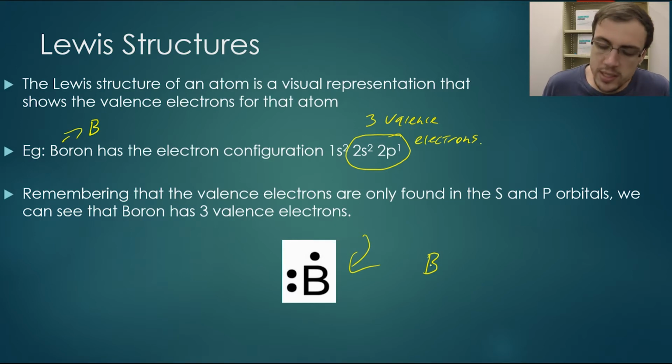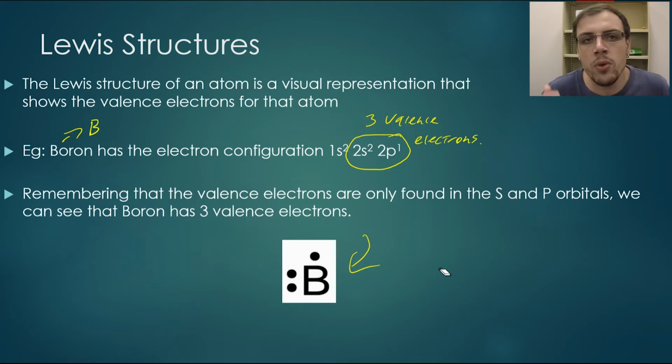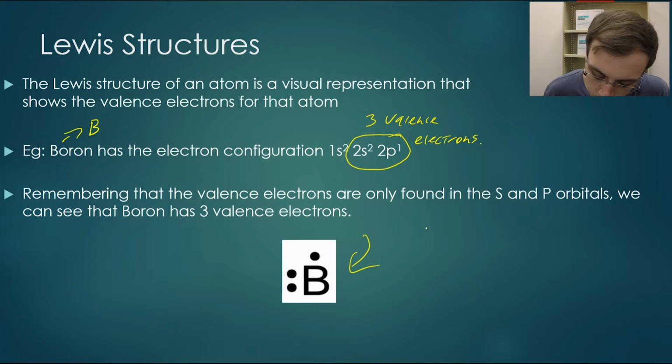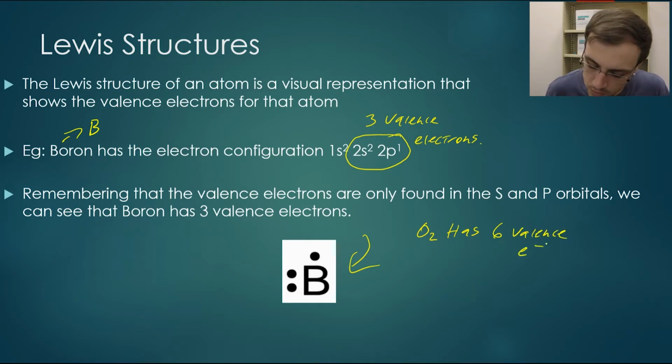So let's look at another example. Let's look at, say, oxygen. If you look on the periodic table, and you count across, you would see oxygen has 6 valence electrons.